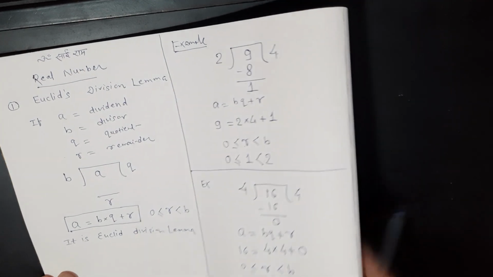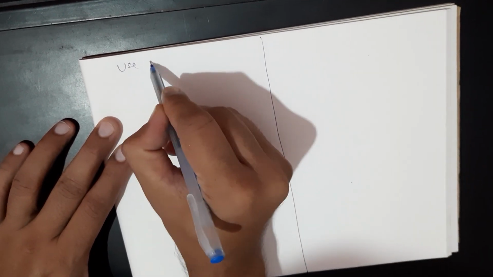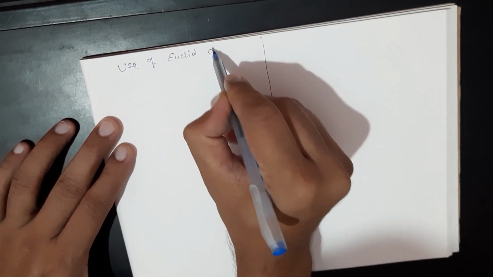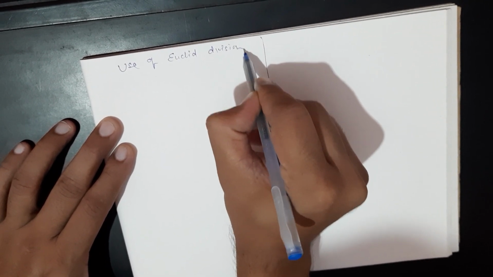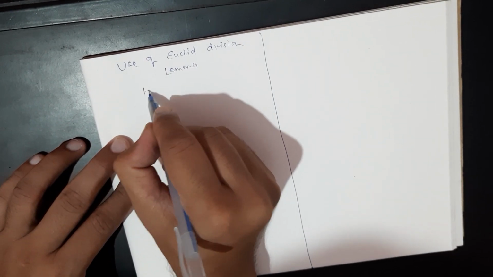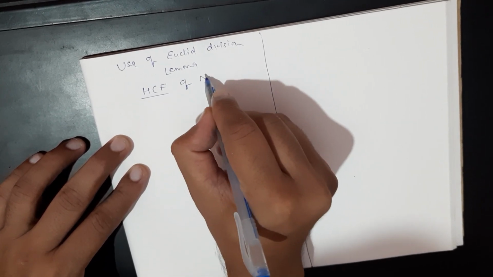Now we will see in next section use of Euclid division lemma, and that is HCF of some numbers.